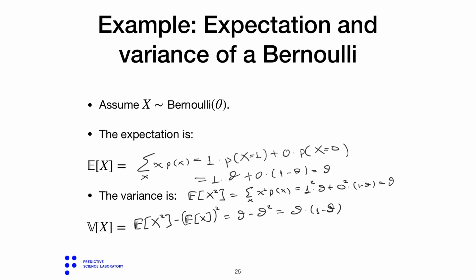Now, I would like you to pay a little bit of attention to the fact that the expectation of x is not a value that x can take. To visualize this, let's consider the probability mass function. We have here, say, 0, and here we have 1, the two values that x can take.